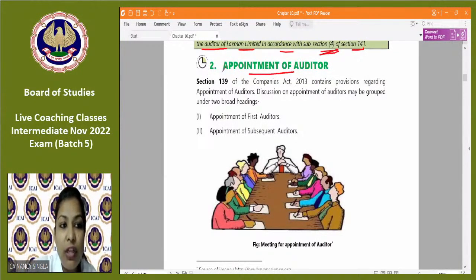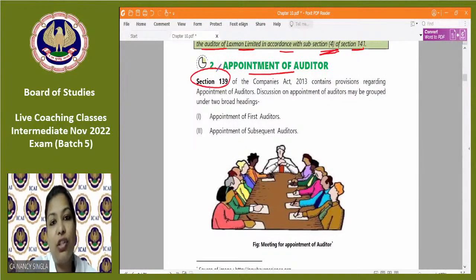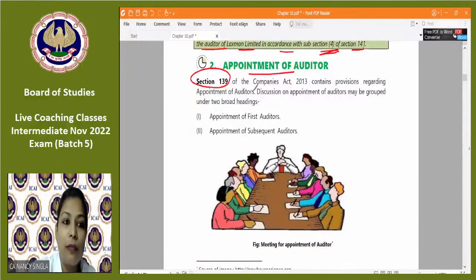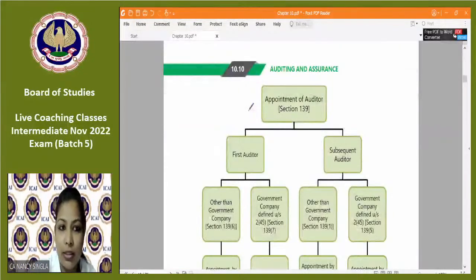Because when we'll be discussing section 139, there are 11 subsections. 141 had 4 subsections. 139 has 11 subsections. Right now we'll be discussing in the sequence that is given in the module, and then I'll summarize all the 11 subsections. Okay. So this appointment part in the module has been divided into 4 parts.